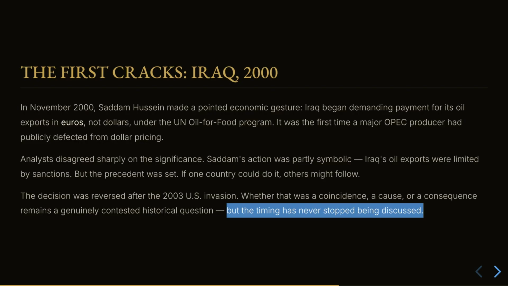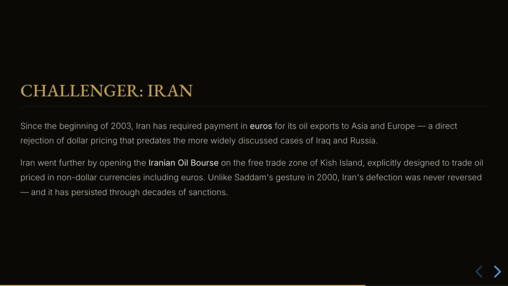Many places that challenged the petrodollar system immediately got invaded or their leaders killed, or sanctions or whatever. Right? So we are starting to see this quote unquote security umbrella, which was paid by petrodollars, being used to defend the petrodollar.